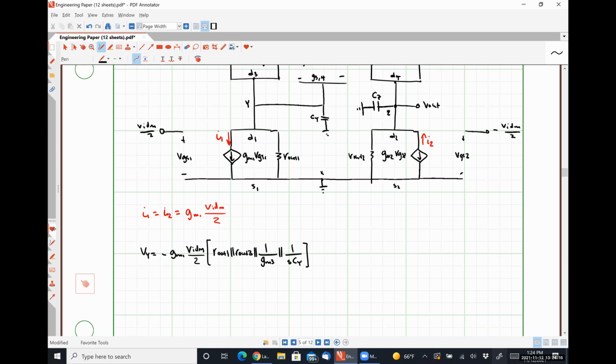And so what that's going to look like is negative GM1 VIDM divided by twice GM3 plus SCY, where I'm effectively just using the admittances of that 1 over GM3 bit and that 1 over SCY bit to get that result, right?